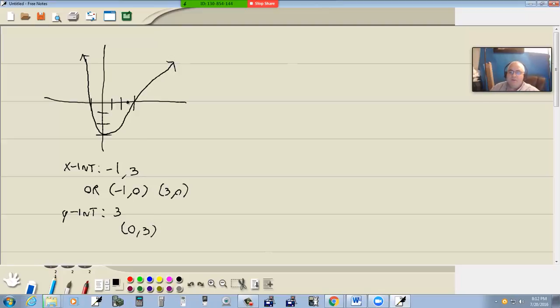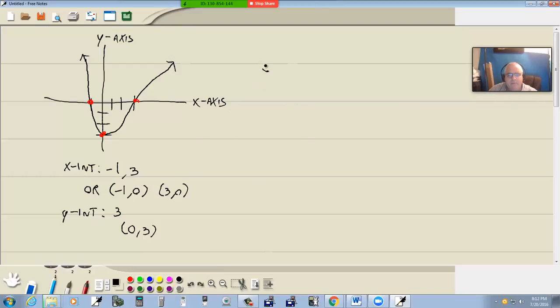So you're looking where it's crossing the axis. This horizontal line right here is my x-axis. This vertical line right here is my y-axis. And so where it's crossing or touching, it's right there, and right there. Now that's if you're given the graph.